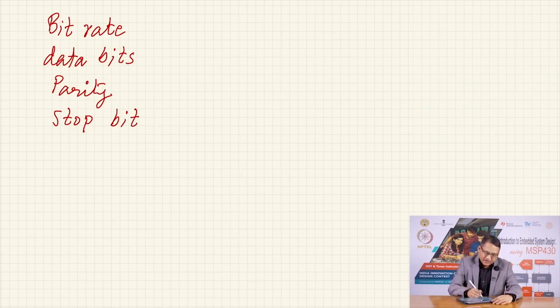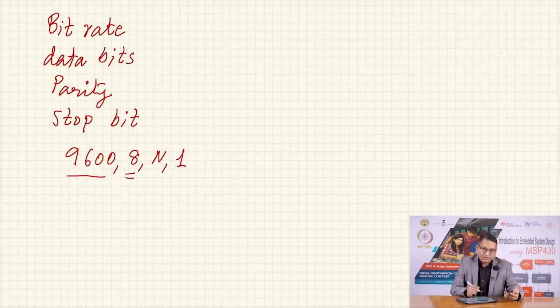And so, if I say my format is 9600, 8, N, 1, that means my bit rate is 9600 bits per second. I want to transmit 8 data bits per transmission. I do not want to have any parity. The options are, for bit rate, we will see what the various options are. Standard bit rates are available.